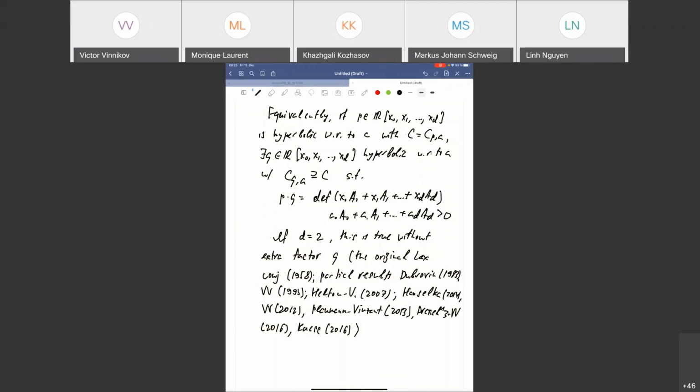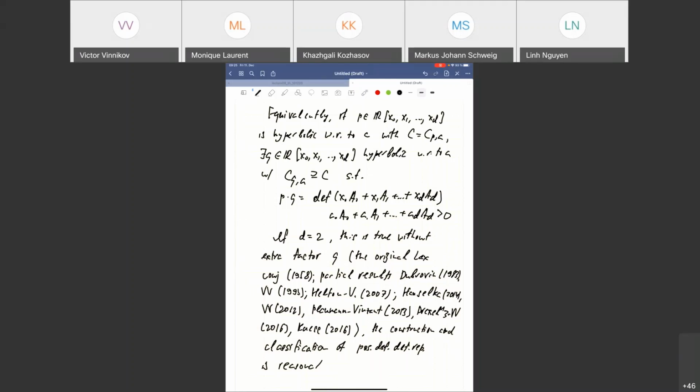What I want to mention is that not only is this true, but by now, there are certainly open questions, but the construction and classification of positive definite determinantal representations of homogeneous hyperbolic polynomials in two variables is reasonably well understood.